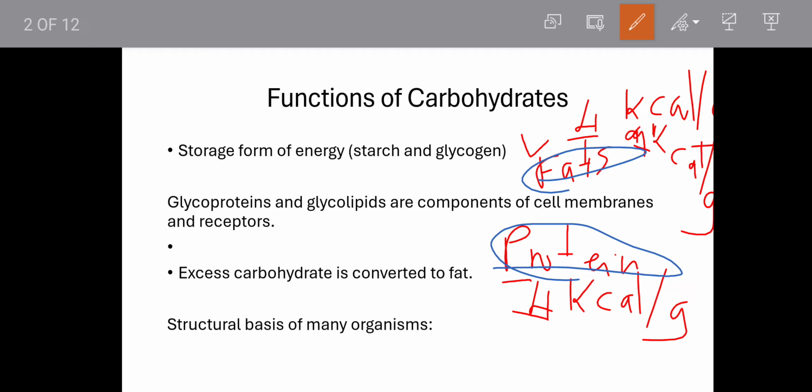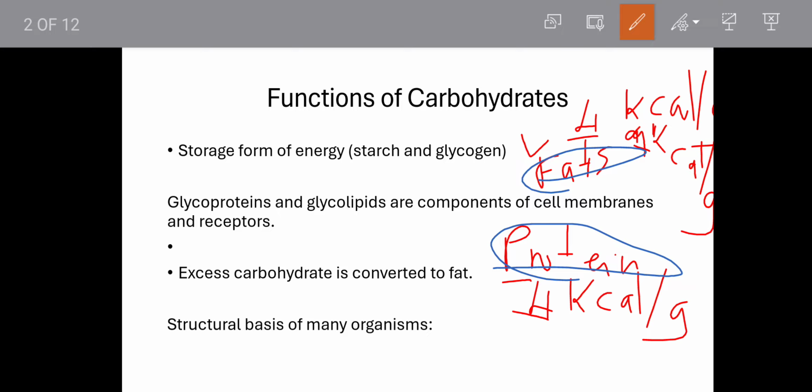So carbohydrates use the least amount of oxygen, and that is why they're preferred first as the main source of energy compared to these others.